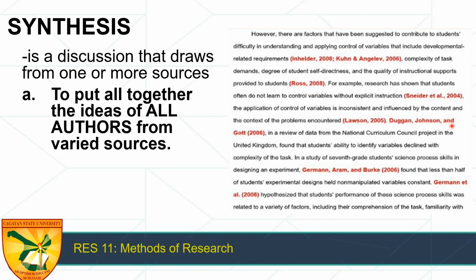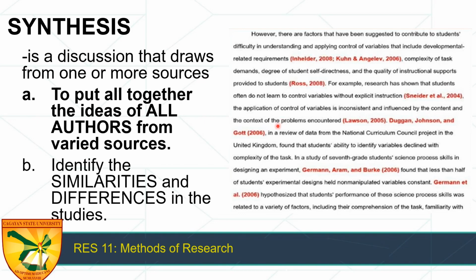In this paragraph, a researcher used a thematic approach in organizing its research. It tells us about the difficulty of students in a subject. Here, you identify the similarities and differences in the studies.